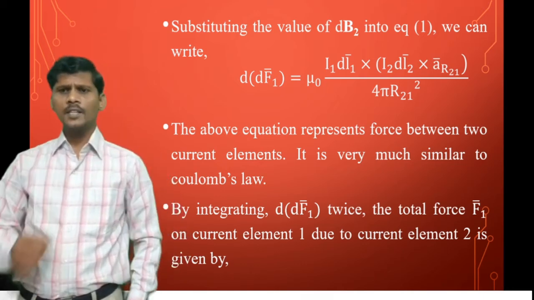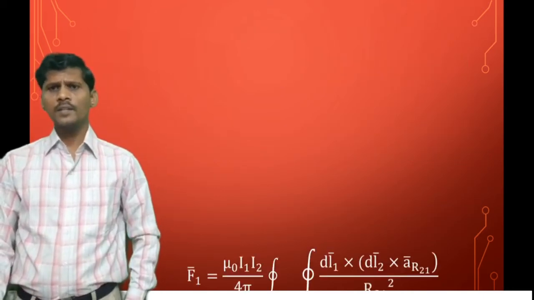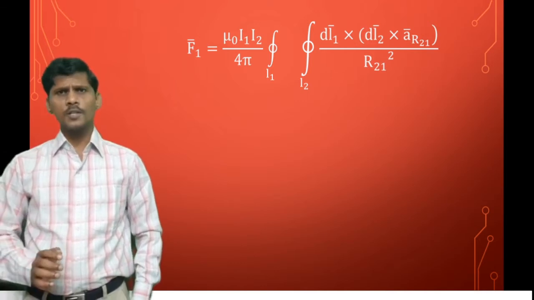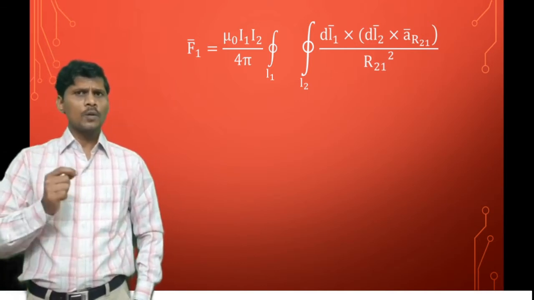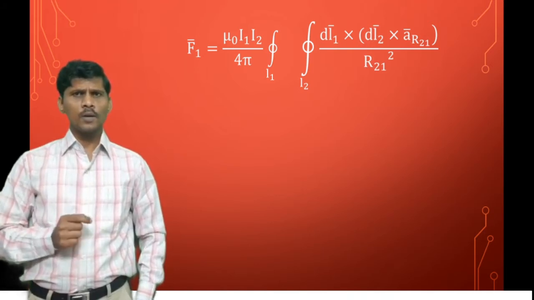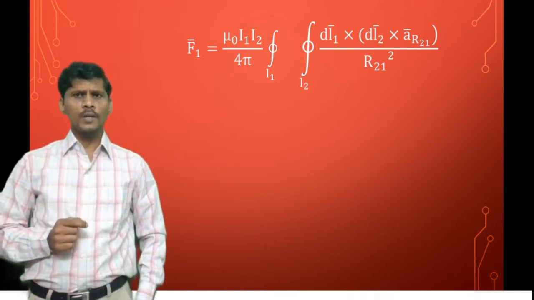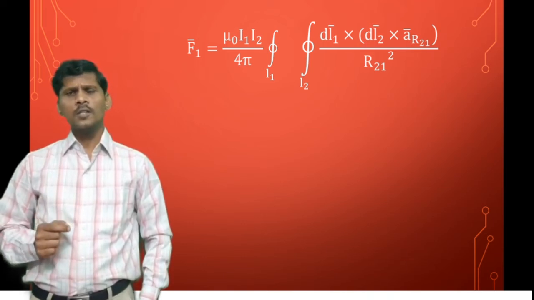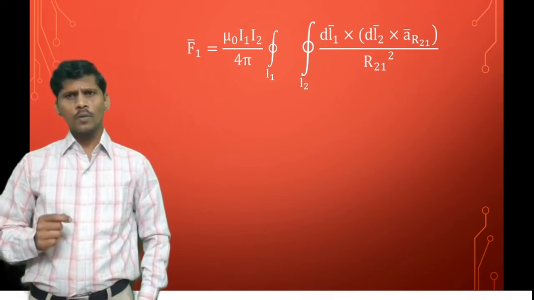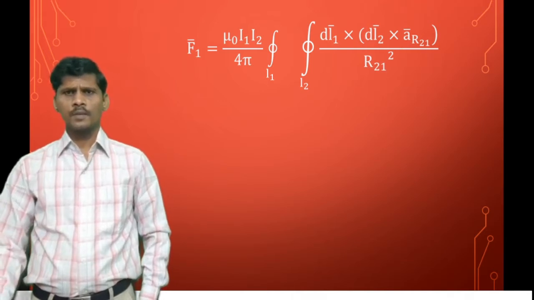By integrating the above equation, we get the total force F1 bar equal to mu naught I1 I2 by 4 pi closed line integral of L1 closed line integral of L2 dL1 bar cross dL2 bar cross aR21 bar by R21 square.